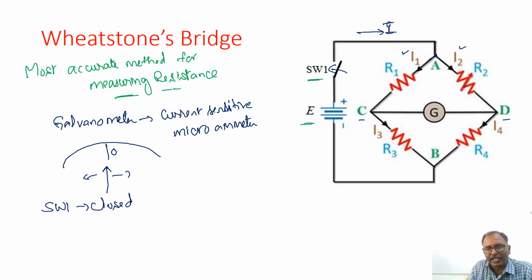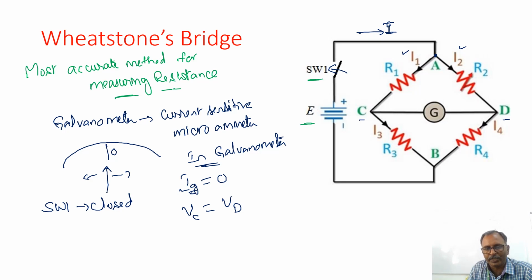For the current in the galvanometer to be 0, the potential at C should be equal to the potential at point D. So for the galvanometer current to be 0, Vc should be equal to Vd. That means if the voltage at C and voltage at D are equal, then only there won't be any current flow through the galvanometer.